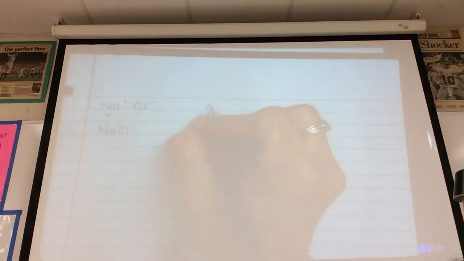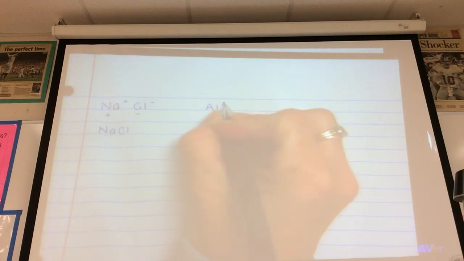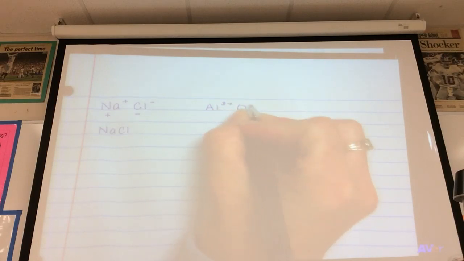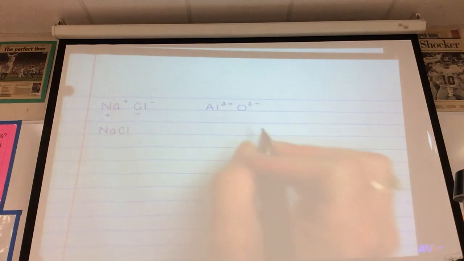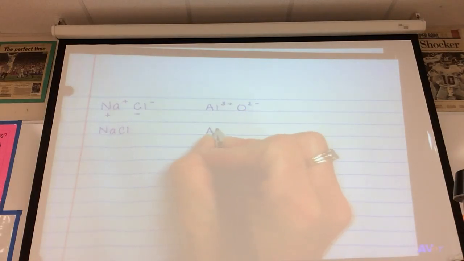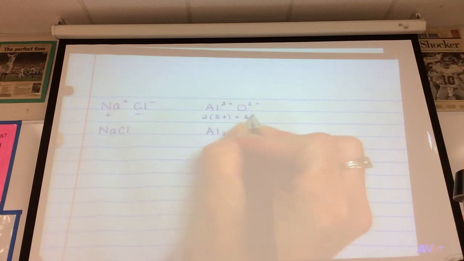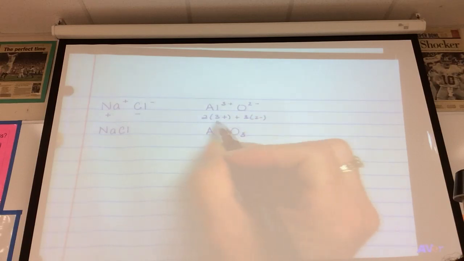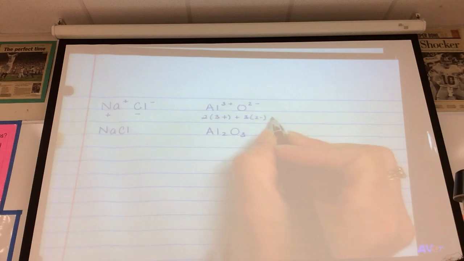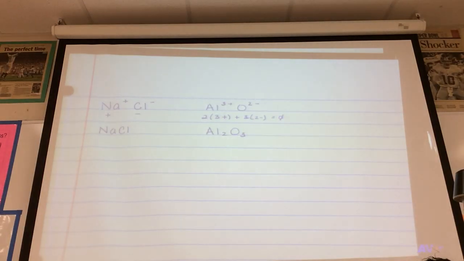Similarly, aluminum ion, oxide ion, aluminum oxide, and again you'll have 2 aluminum ions, 3 oxide ions, 6 pluses, 6 minuses, electroneutrality that we talked about at the beginning of the chapter.